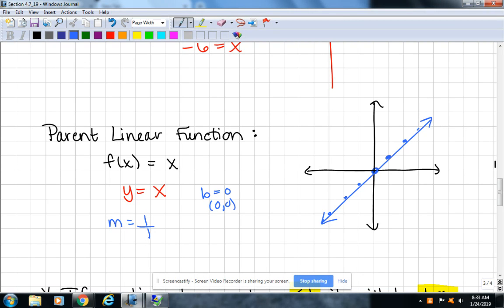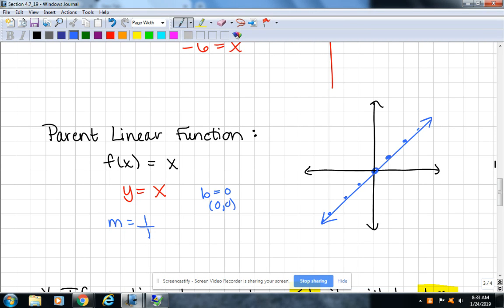Now, have y'all noticed that some lines have a real gradual slope? Like they're really not very steep. They're almost horizontal and they just slowly go up. Have y'all noticed some things about lines? And have you noticed that some lines are really steep and they shoot up almost vertical?